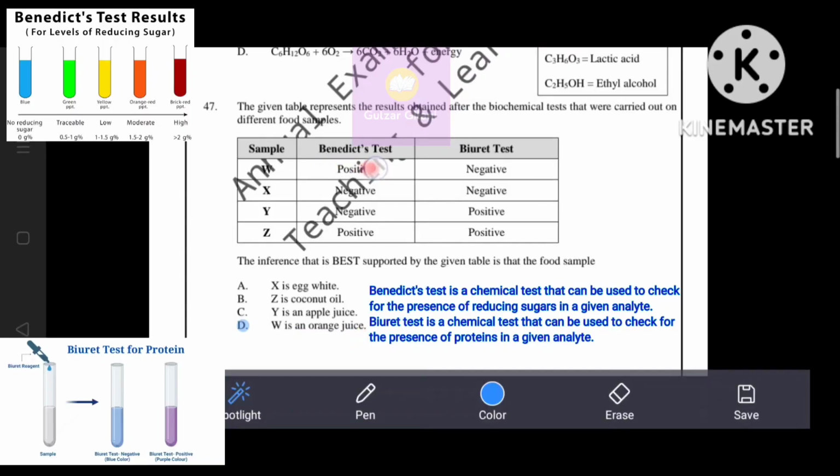W में बेनेडिक्ट टेस्ट पॉजिटिव है और बायूरेट टेस्ट नेगेटिव है. That's why option D is the correct answer.